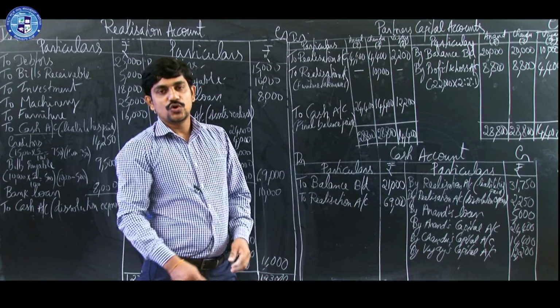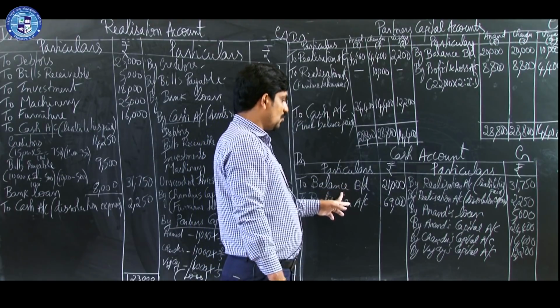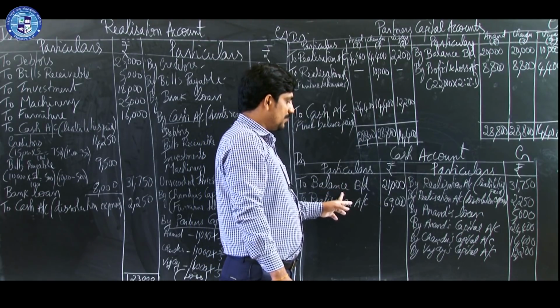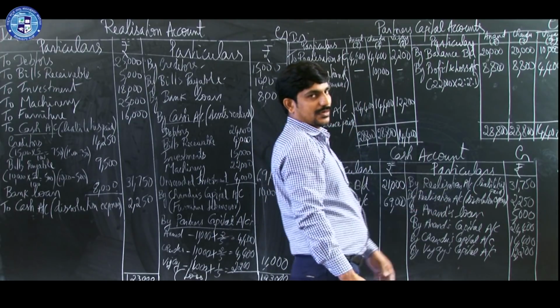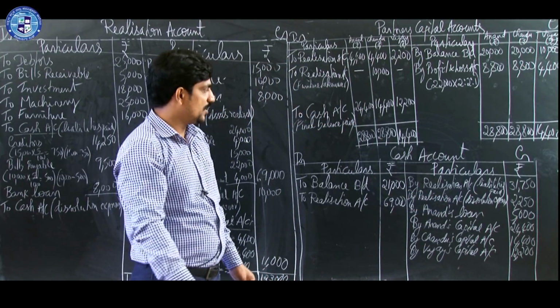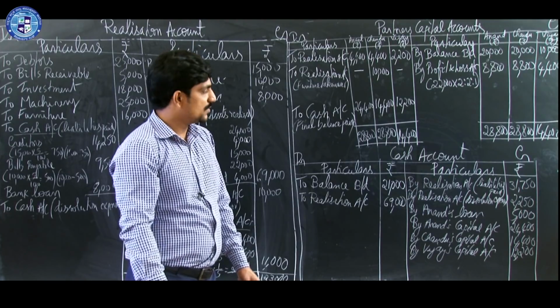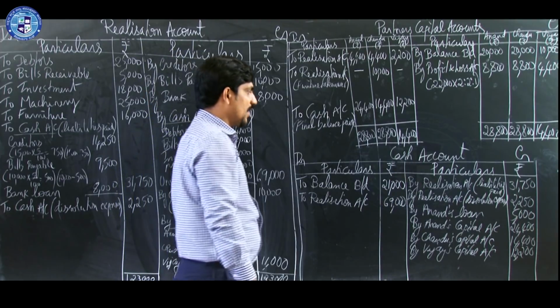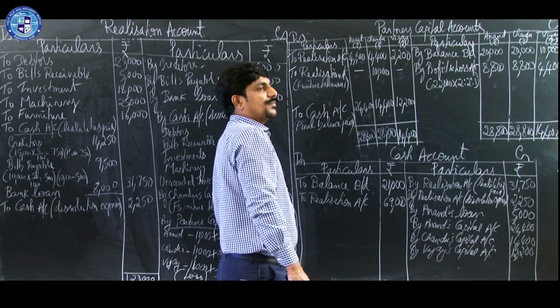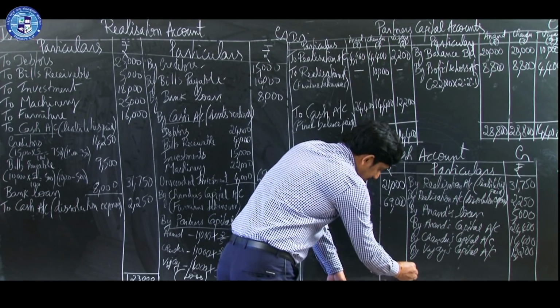Now we need to total the cash. Whatever cash you have received should be equal to whatever cash you have paid. The cash account should tally because you are closing your business, and when you close it you should not get any balance.